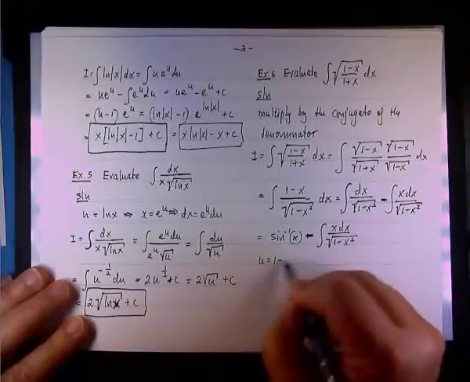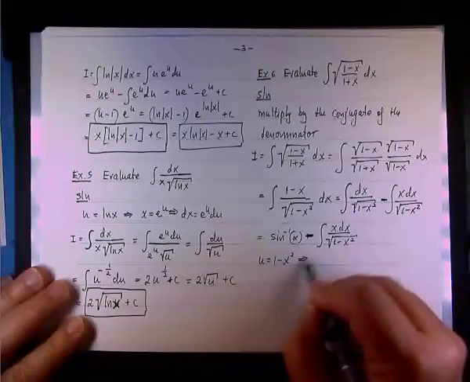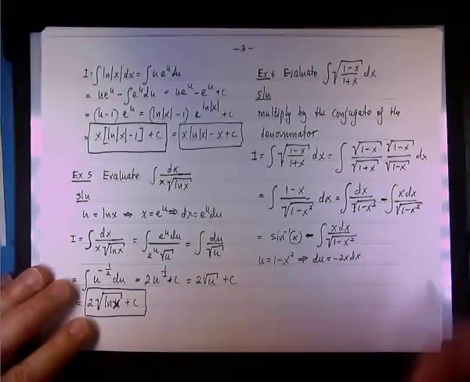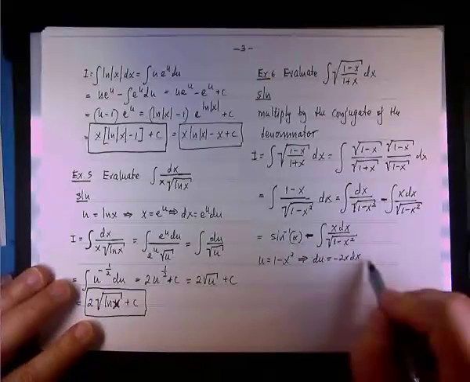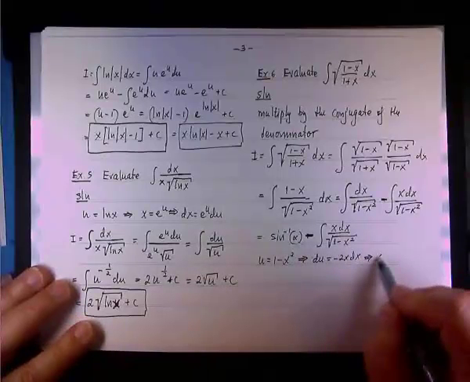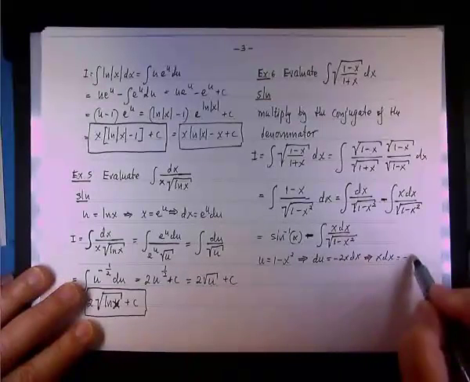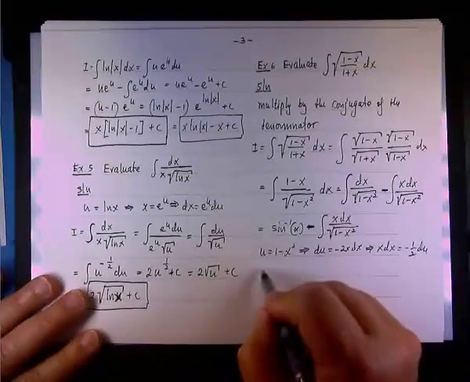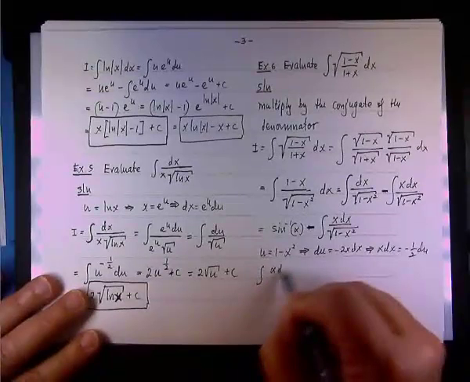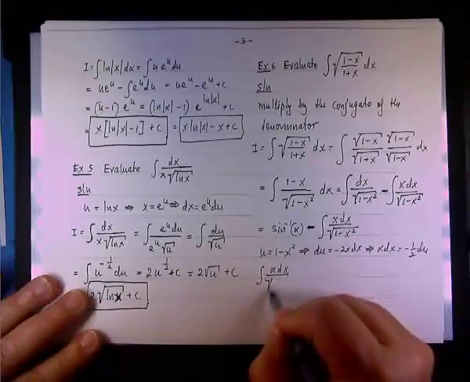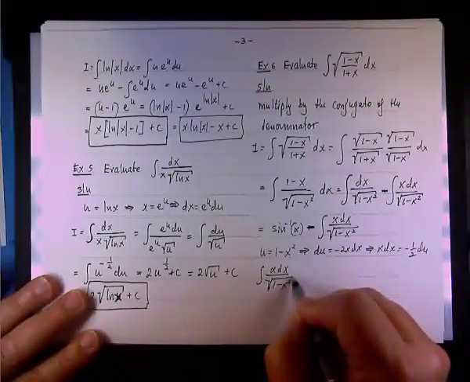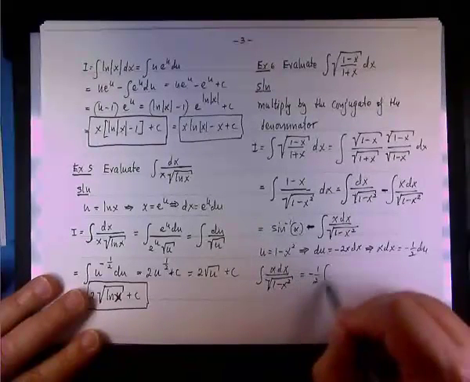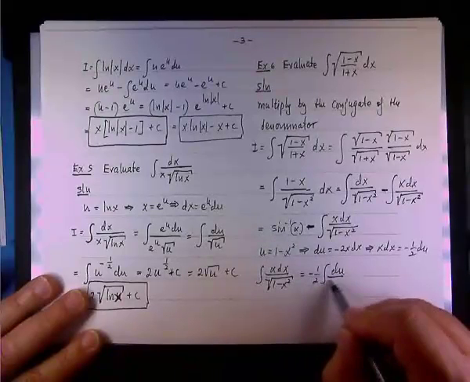Let's do this integral. So we let u equals 1 minus x squared, and therefore du equals negative 2x dx. So x dx equals negative 1/2 du. And now the integral of x dx over the square root of 1 minus x squared.